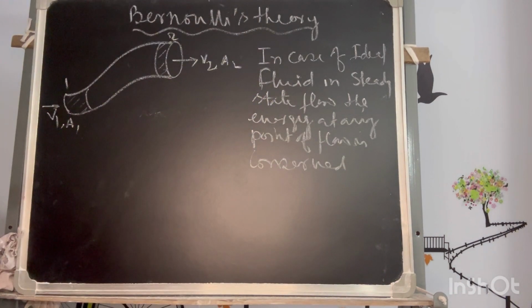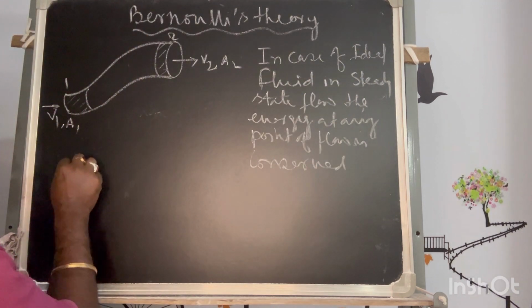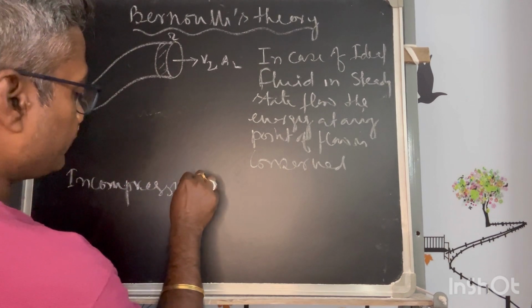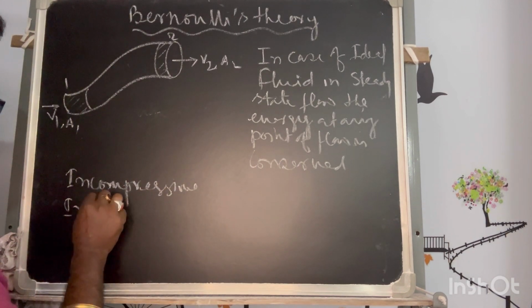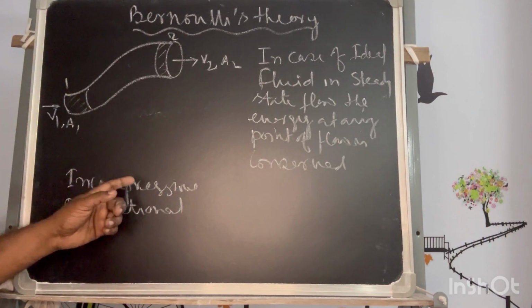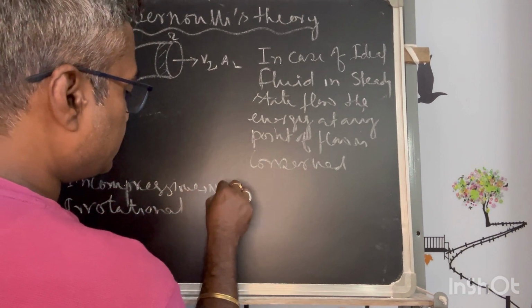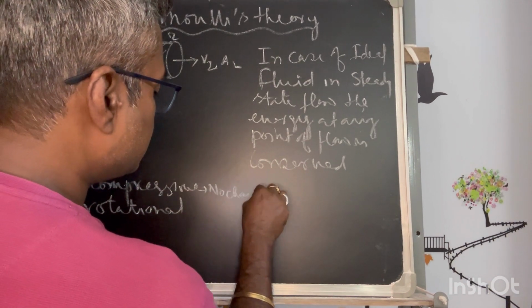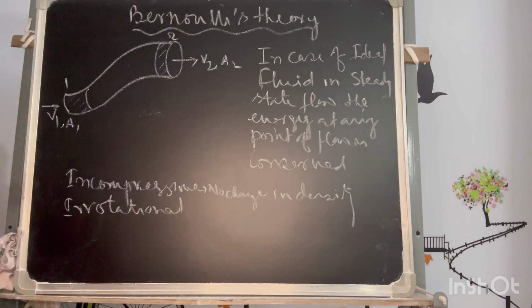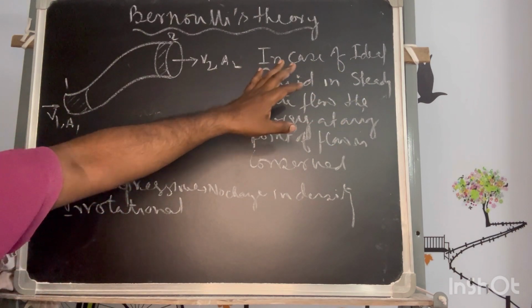Let me remind you again, what is an ideal fluid? Ideal fluid is incompressible and irrotational. Incompressible means no change in density. So this is the ideal fluid case, and irrotational is the other case.